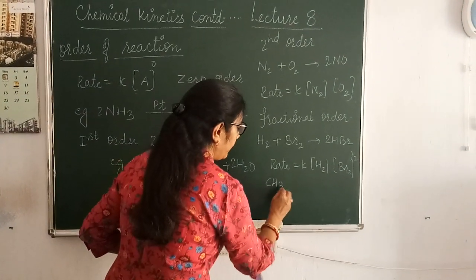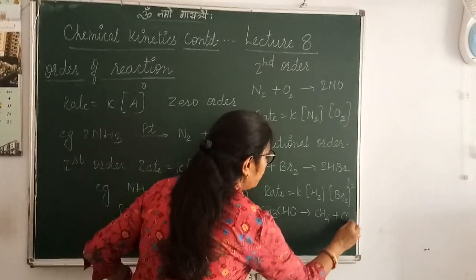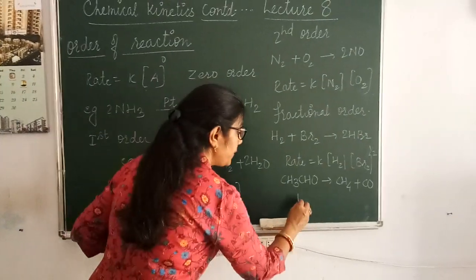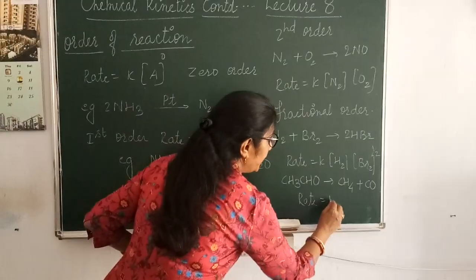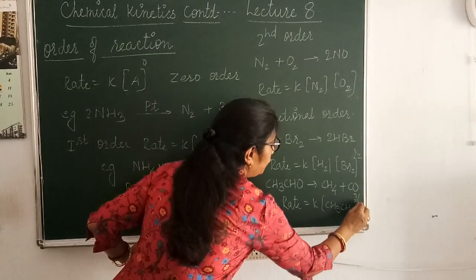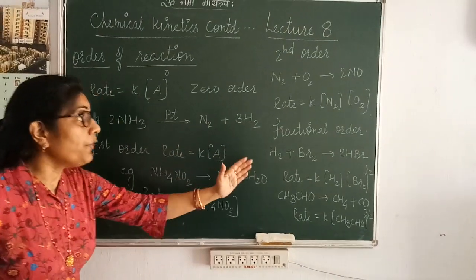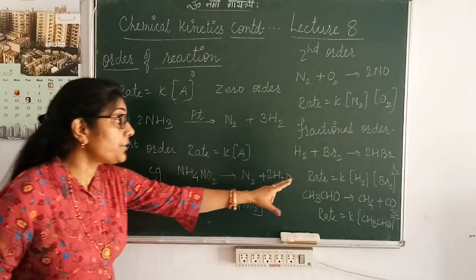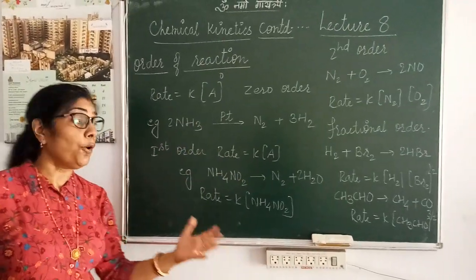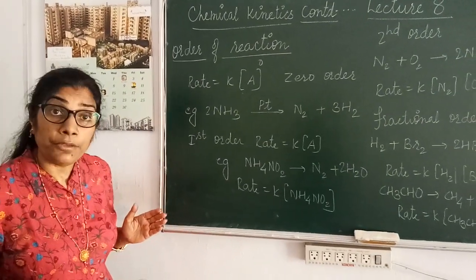Similarly, acetaldehyde decomposes to methane and carbon monoxide. In this case, the rate of the reaction is equal to K into CH3CHO to the power 3/2. These are fractional order reactions. So order can be 0, 1, 2, 3, or a fraction also, but reactions of higher order are very few.